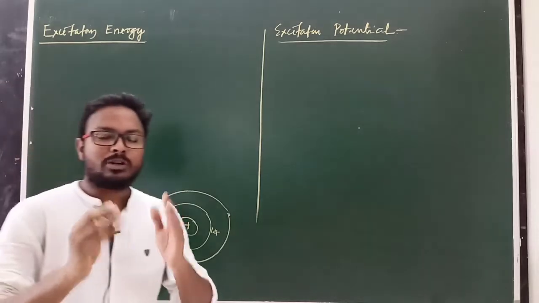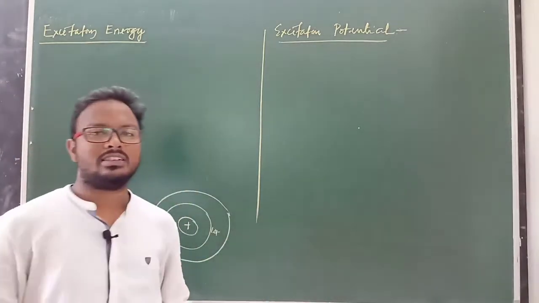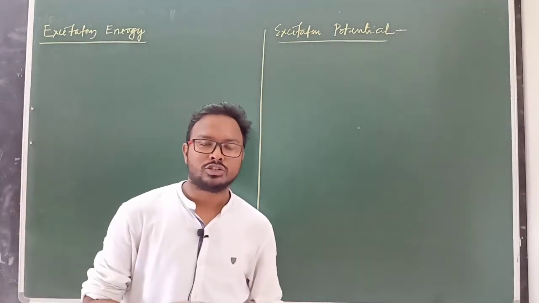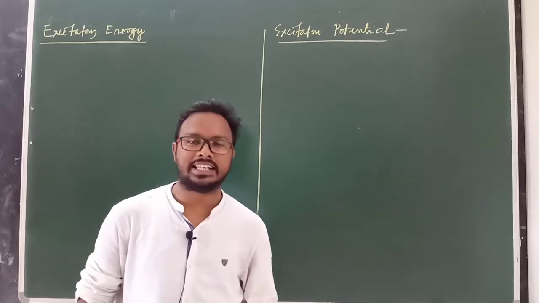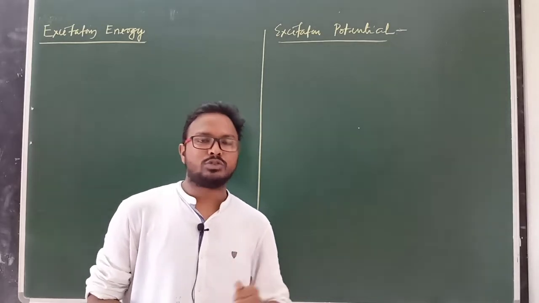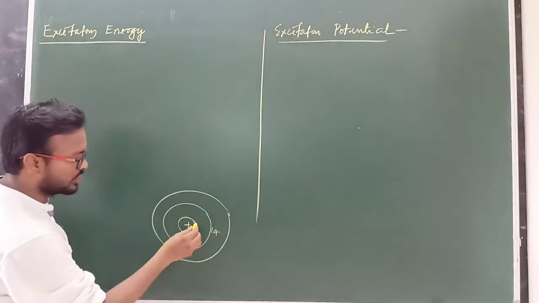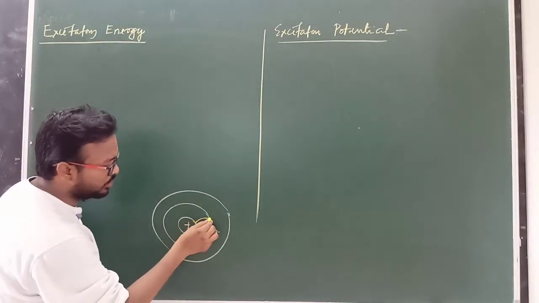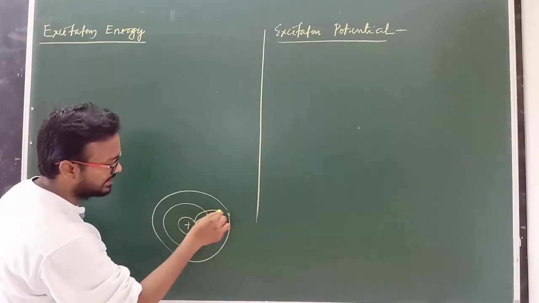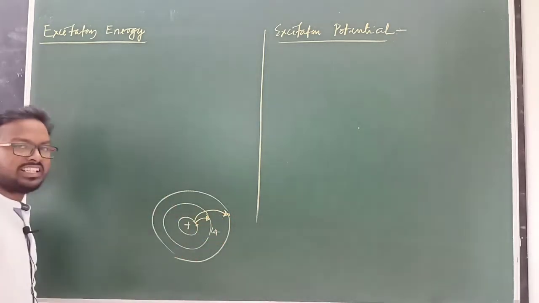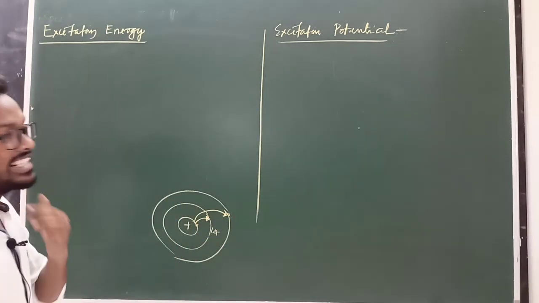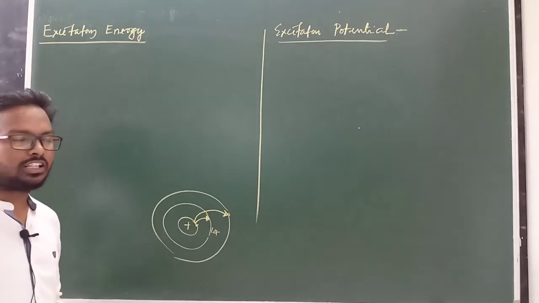It is the amount of energy absorbed or received by the electron from the source, here electrical energy, due to which the electron can jump from the ground state to any excited state. That energy is known as excitation energy. Clear?